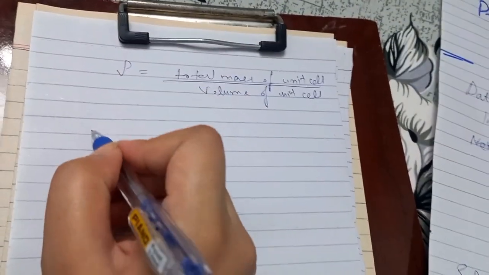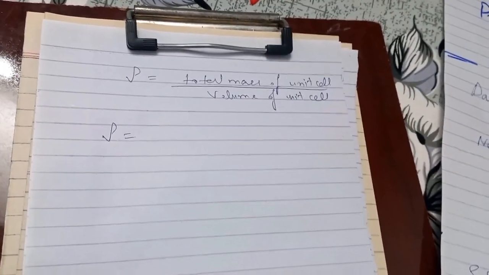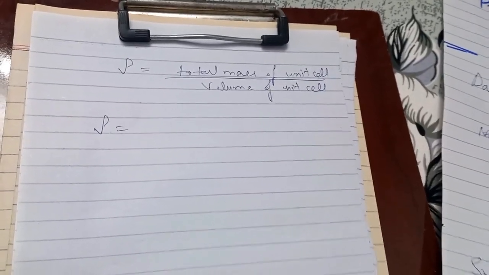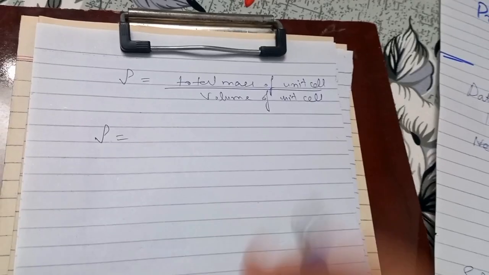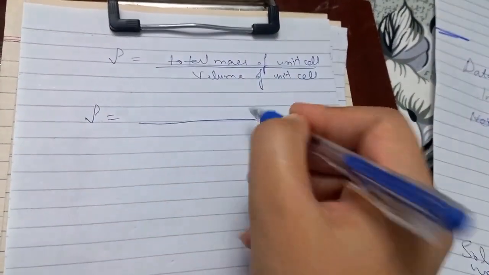Since diamond has a cubic FCC structure, its volume will be a cubed, where a is the lattice parameter, not the interatomic spacing or atomic radius. You have to be specific with the words being used.